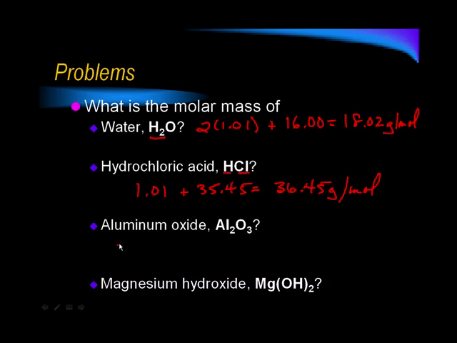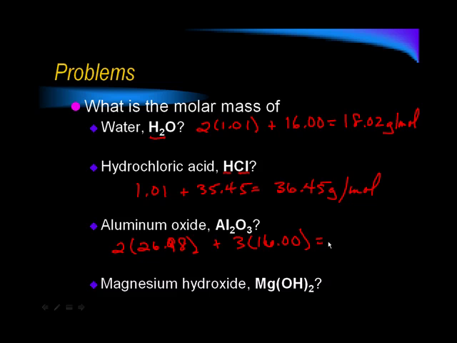Alright, next we have aluminum oxide. 2 aluminums. So aluminum is 26.98, and you have 3 oxygens, 16.00.